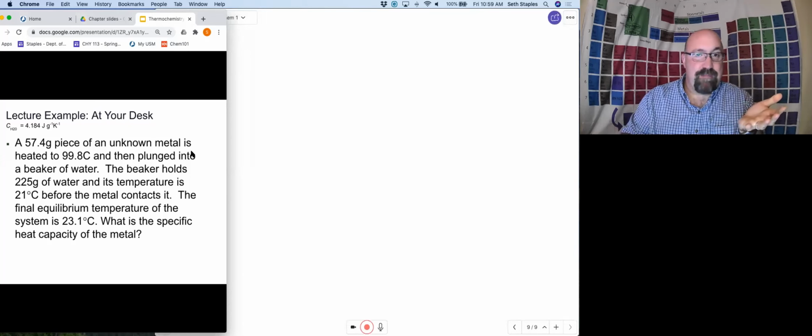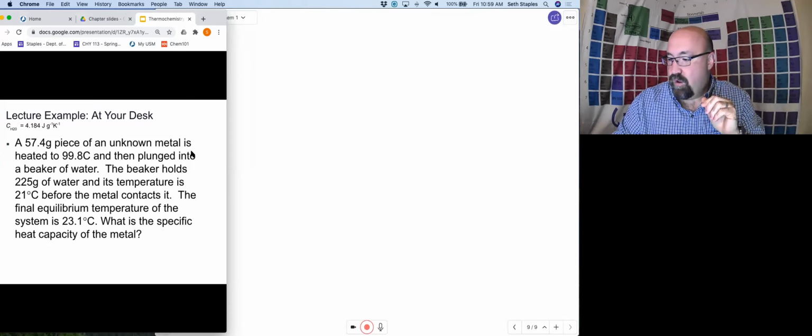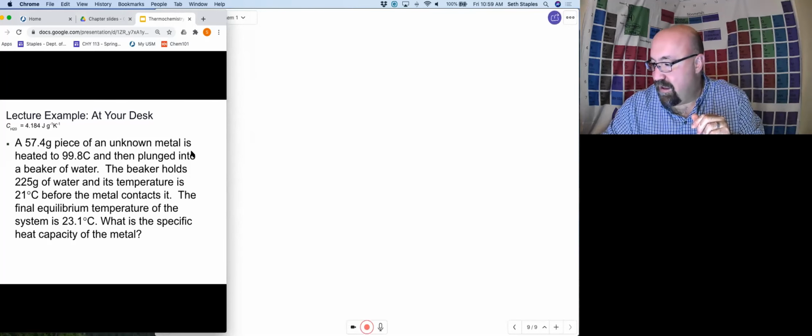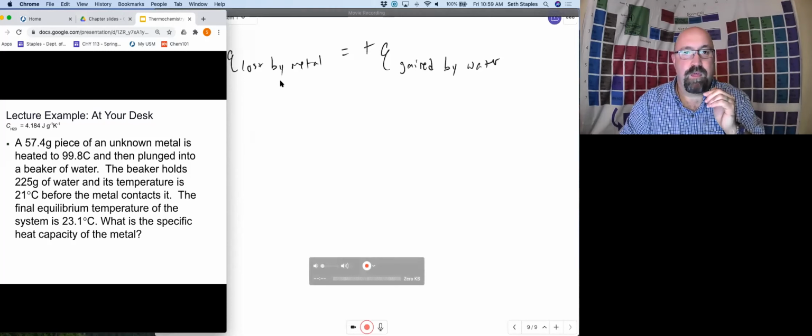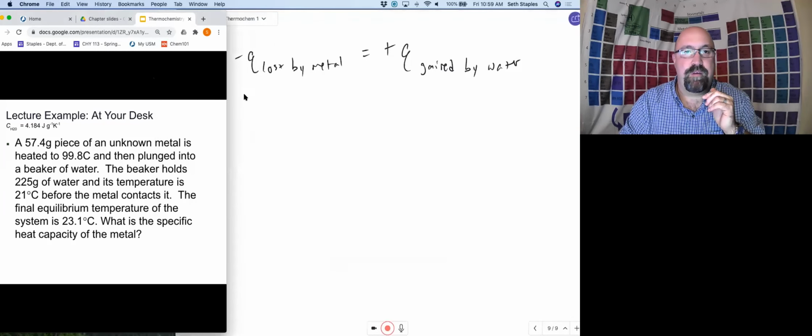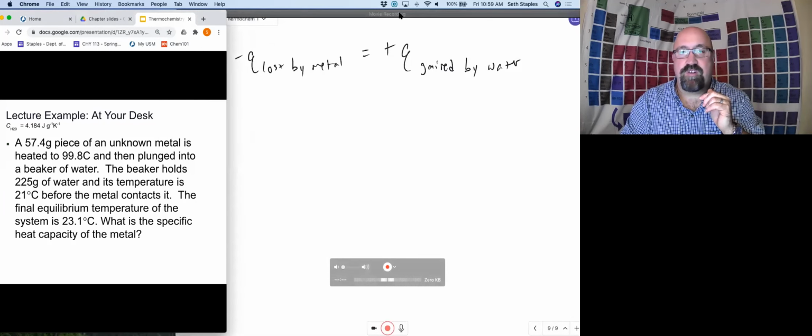So again, it's our same exact process. We are going to take our negative heat lost by our metal, which is equal and opposite in sign to the positive heat gained by the water. And so we can set up our different Q expressions.